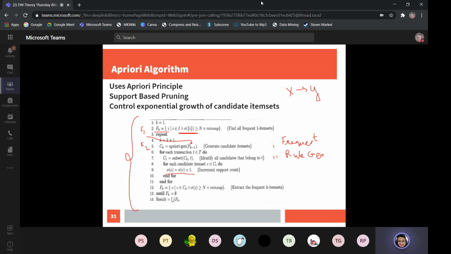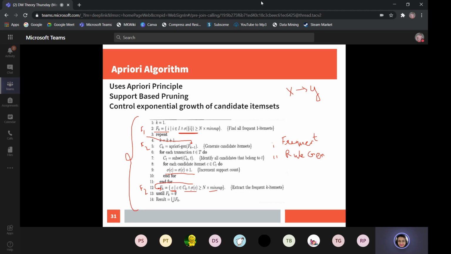We continued this till the entire F1 and candidate generation was complete, and we computed the support count for each candidate. All those candidates whose support count exceeded the min sup we put in the F2 set.